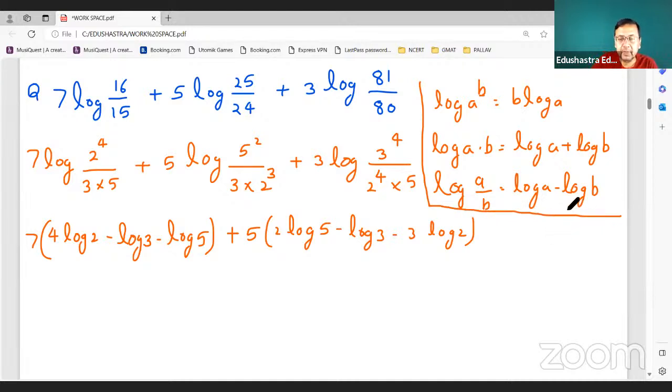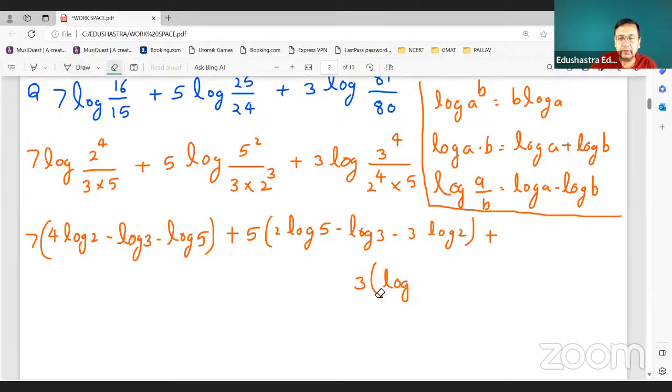Okay, second bracket. Now come to the third one, plus. So this is 3, okay, sorry. This is 4 log 3 minus 4 log 2 minus log 5.